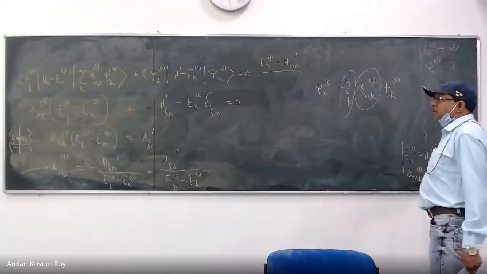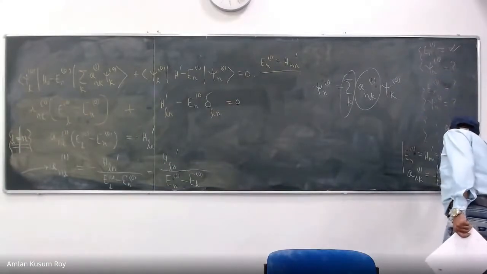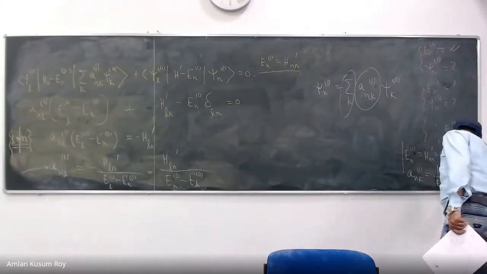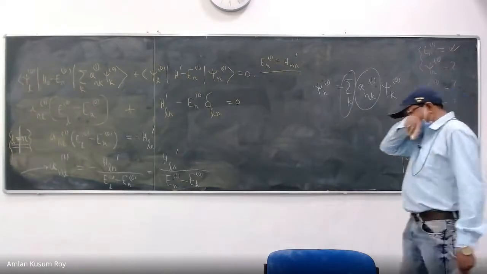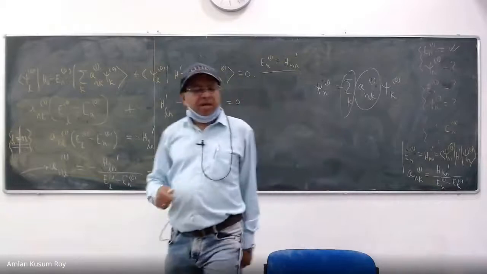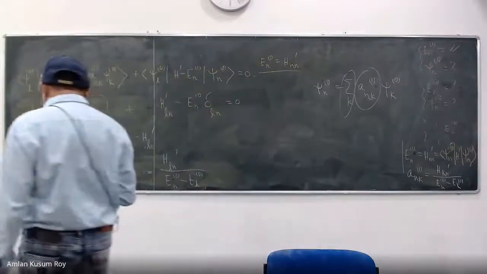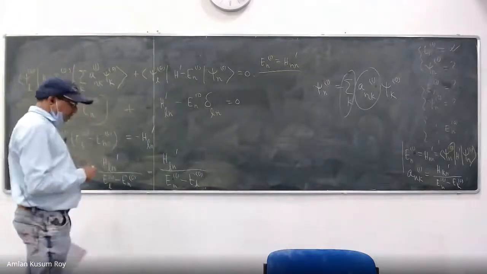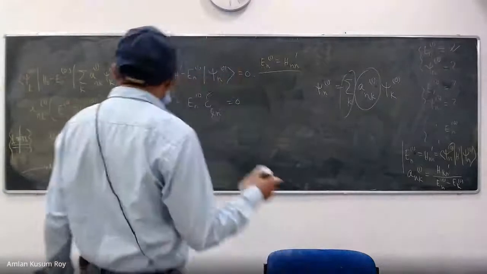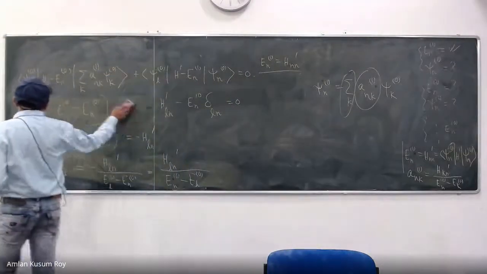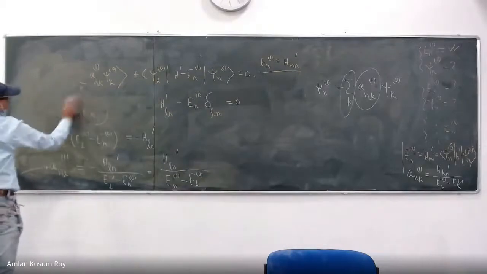We just wrote it for an arbitrary index, it is a dummy. This much I have got, because the information of the first order wave function gives you energy correction up to the third order, which we said in the beginning. So let us see what happens to psi_n^(2). Then we'll proceed to the energy expression simplification.